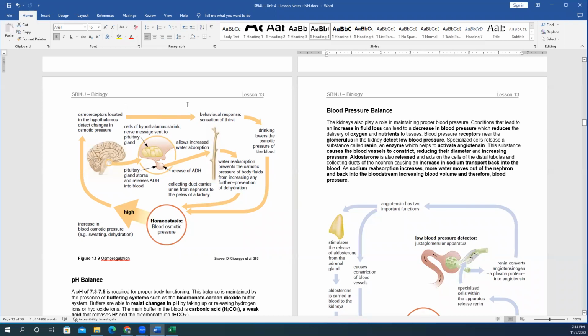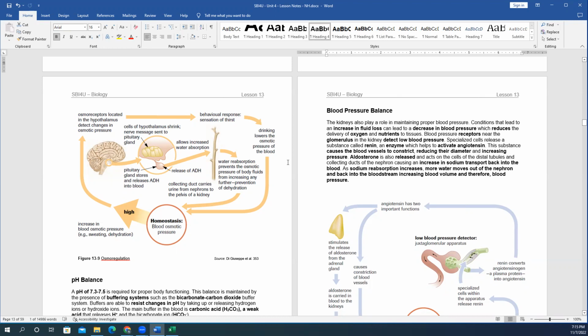The cells of the hypothalamus will also send a nerve message to the pituitary gland to release that ADH. And these will also cause a behavioral response, that feeling of thirst, which makes us want to go and take a drink of water.